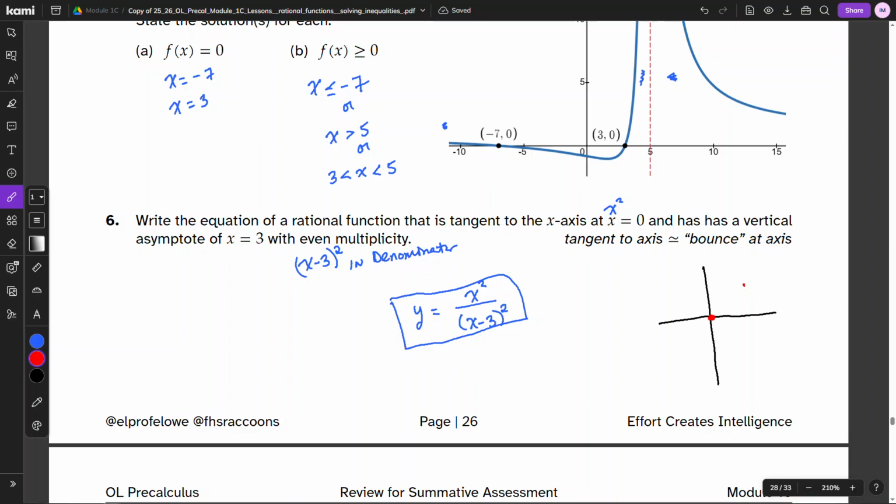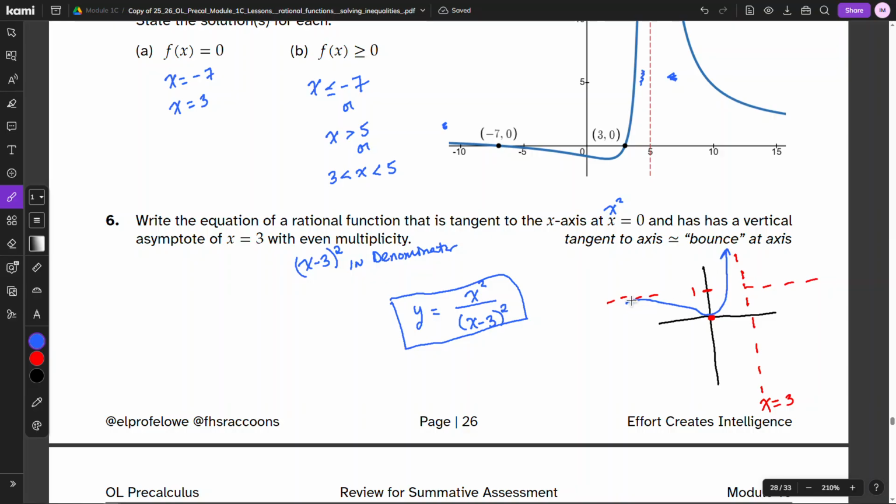So let's see if I can draw this asymptote at x is equal to 3. And I might have a horizontal asymptote. It looks to be that I do have a horizontal asymptote at 1. And so what my graph might look like is a little something like this.